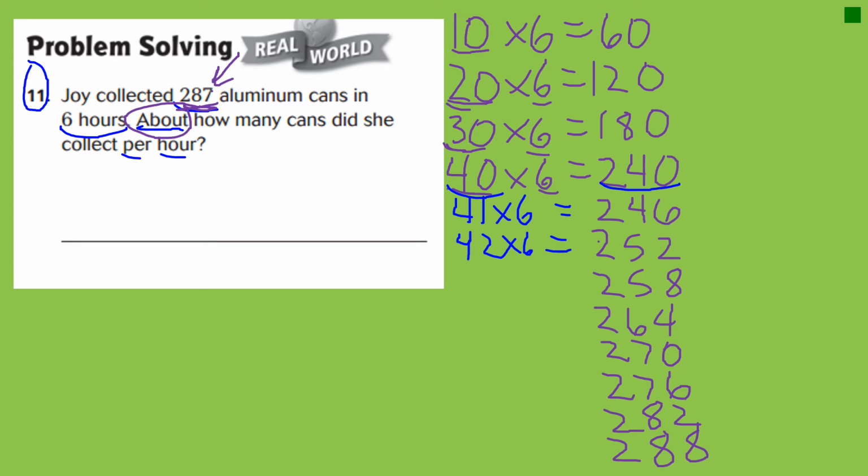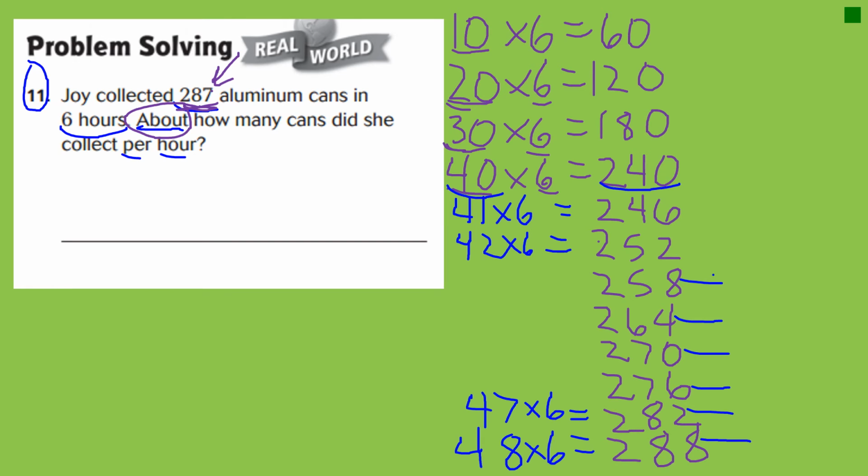Okay? 43 sets of 6. 44, 45, 46, 47, 48. Okay? So, wow. This bottom one is 48 sets of 6, and one above it is, of course, 47 sets of 6. Okay?